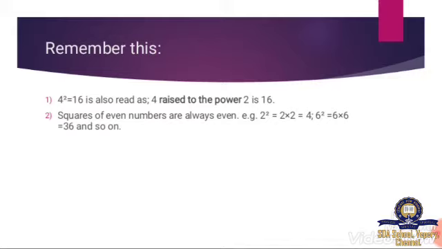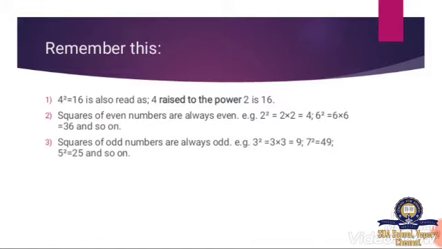So from these we can know that squares of even numbers are always even. In a similar way, the squares of odd numbers are always odd. For example, 3 square is equal to 9, 7 square is equal to 49, and likewise 5 square is 25.